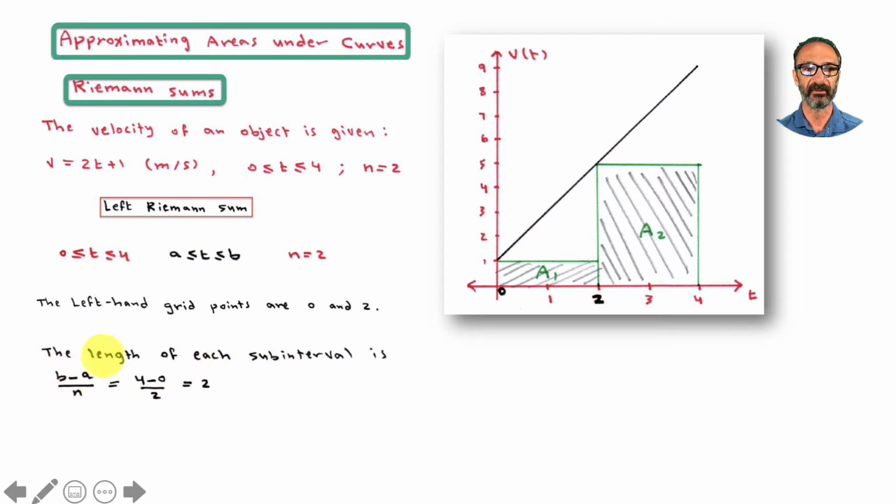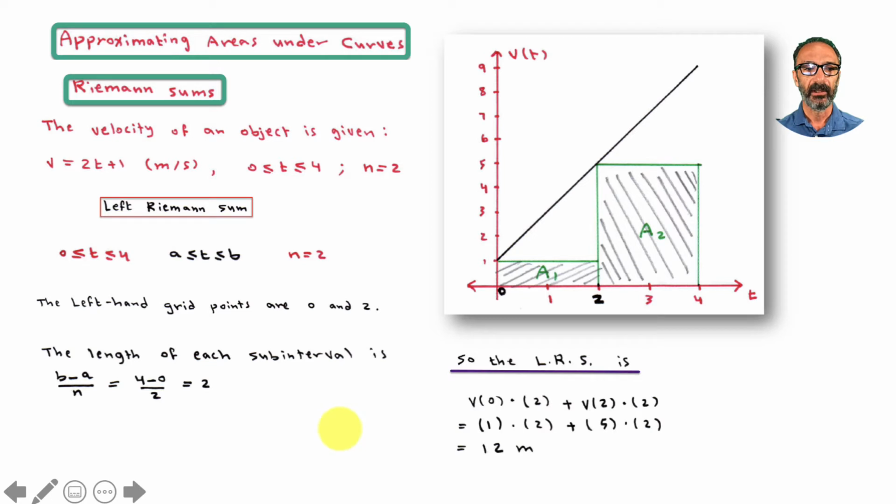That's the length. So what is the left Riemann sum? V of 0 times 2, plus V of 2 times 2.